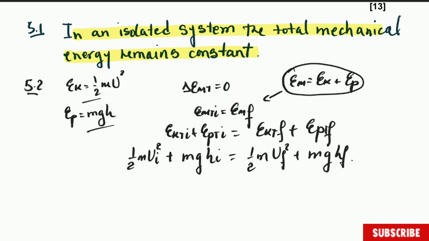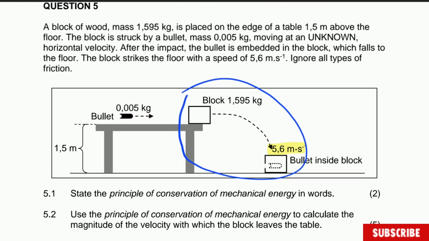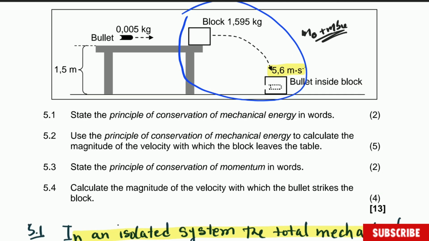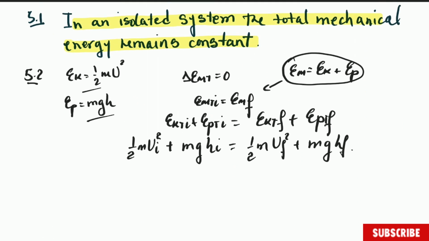Okay, now we are going to substitute everything we have, but note the following. The bullet is inside the block when it leaves the table, so the mass here is the mass of the block plus the mass of the bullet. That is important to know, because when the block left the table it already had the bullet inside.